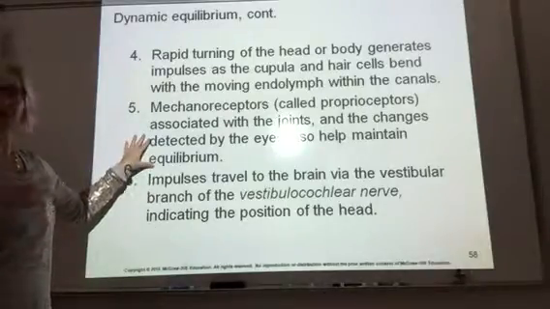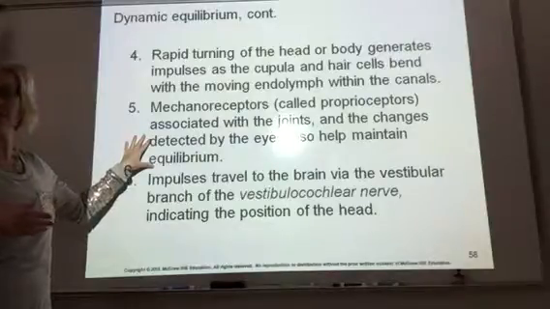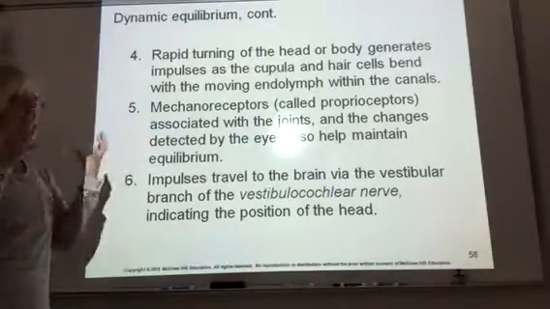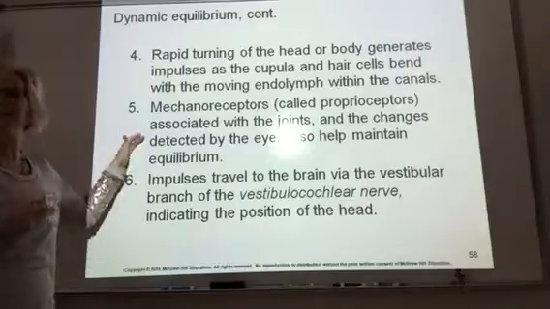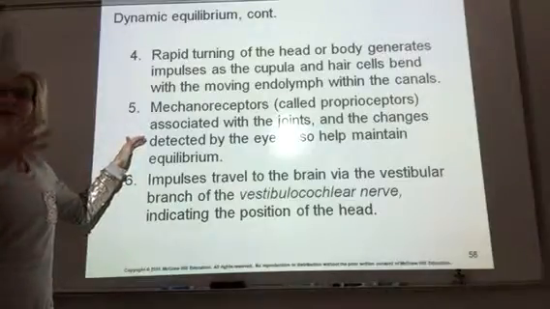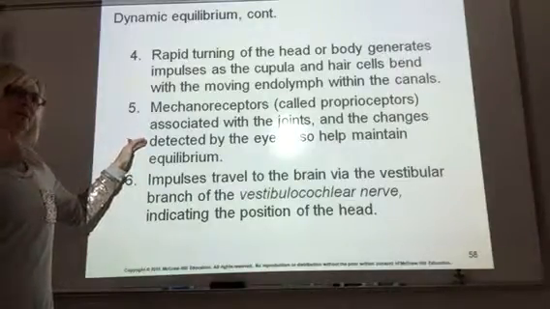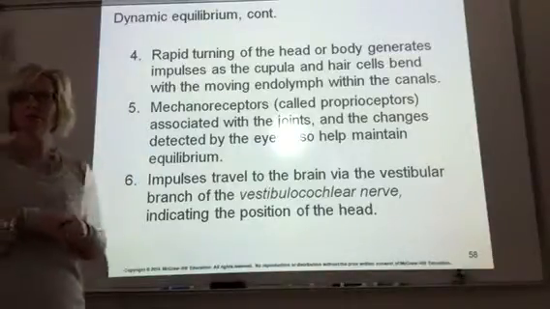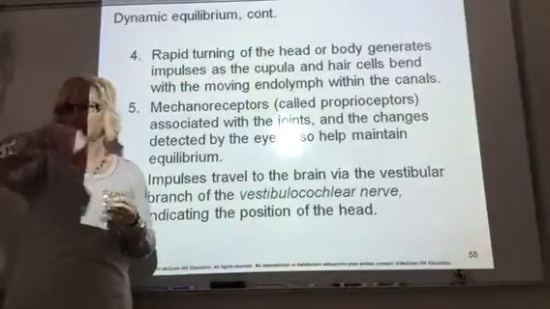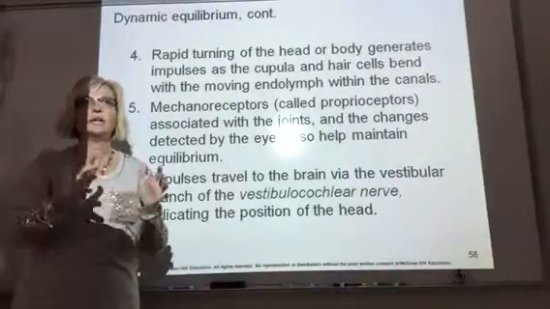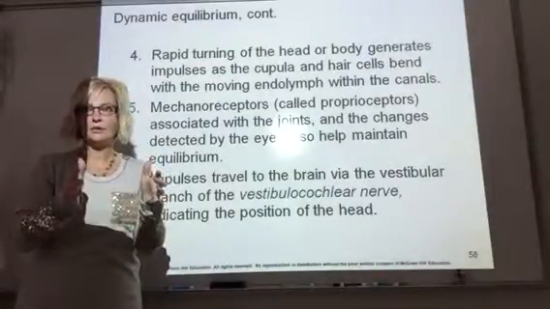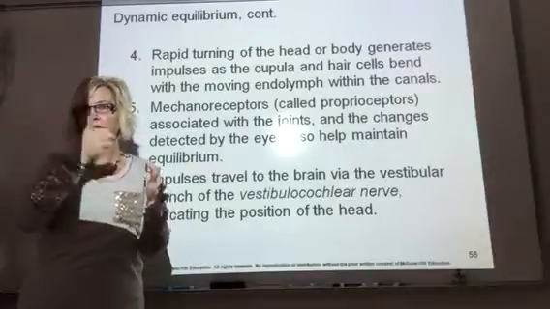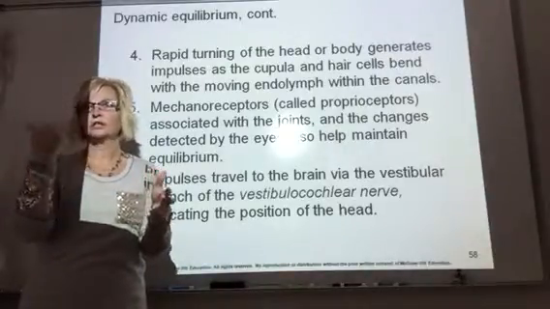Sometimes, if you're riding a ride at a carnival, the fair, or whatever, if you close your eyes, you don't get as dizzy. Your eyes and your equilibrium work together. In the lab, we do a little activity where you spin in a circle on a chair, and if you stop a person quickly, their eyes will continue to go the direction that they're spinning.